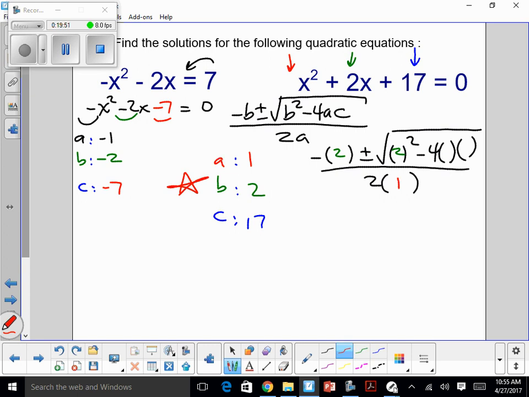Next row I have a negative 2, plus or minus the radical of 4 minus 68, all over 2. In the next row, they subtracted 4 minus 68, which gave a negative 64. Let me put that in red because that's the most important part right there. So look at this.